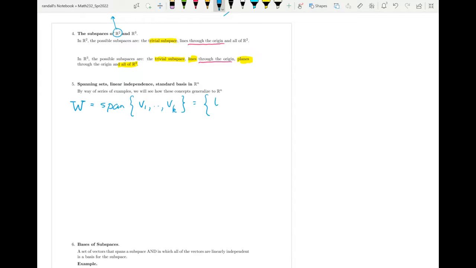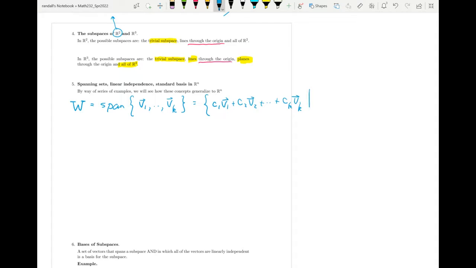Maybe I'll use the symbol c. That's customary in the book. c1 v1, c2 v2, etc. up until the last one, such that the ci are scalars. These are all vectors, but you knew that.